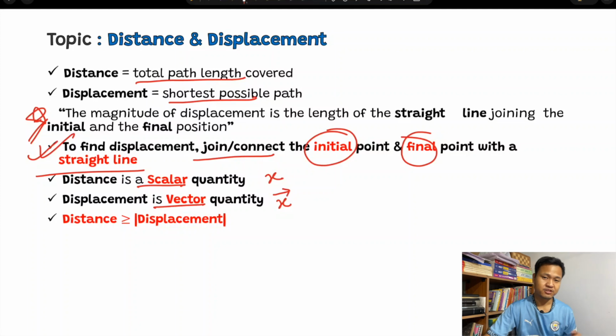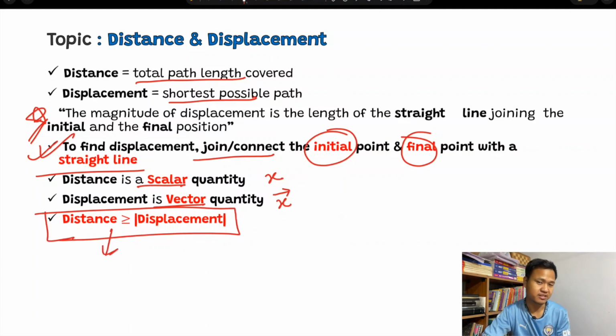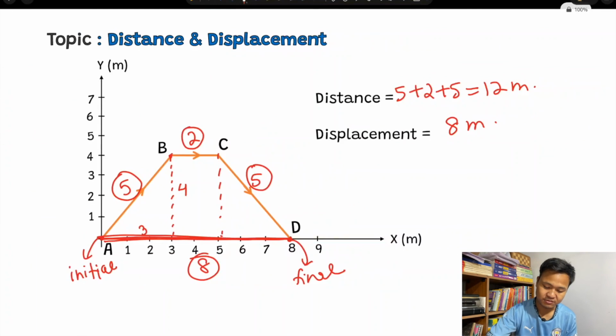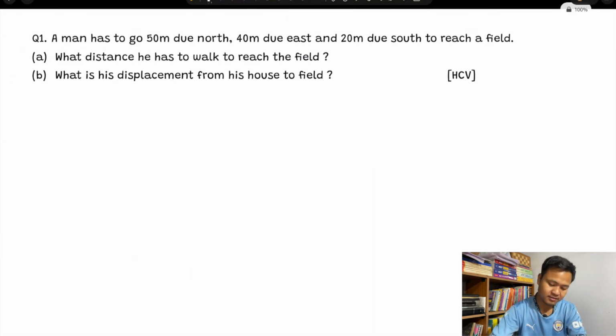Generally you'll find that the distance is always greater than or equal to the magnitude of displacement. For example, if distance is 12 and displacement is 8, you can see the distance is greater than displacement. Okay, let's solve some questions on that.